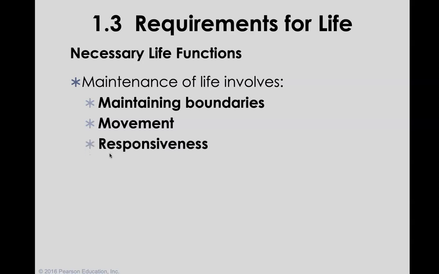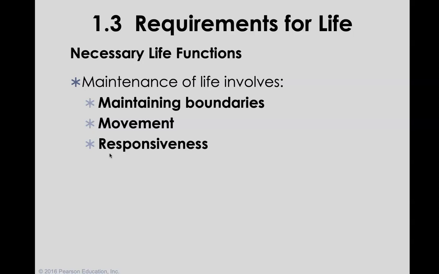So let's see. Then we'll talk about necessary functions of life: responsiveness. So we have to have this ability to sense our external environment and respond to certain stimuli that are going on in our external environment. So for example, you put your hand on a hot stove. You need this withdrawal reflex to prevent yourself from totally burning your hand. Also, we need to be able to respond internally with changes.